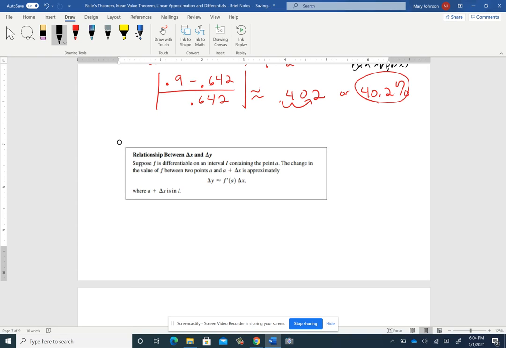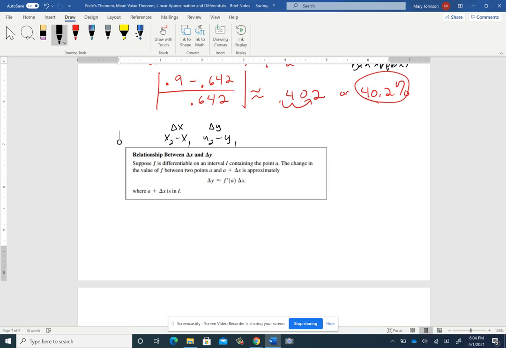This really comes out of this change in x and change in y. That's like the y2 minus y1 from your slope days and the x2 minus x1 from your earlier time period. It's just change in x and change in y that we use for that.